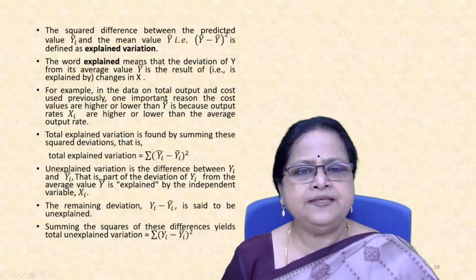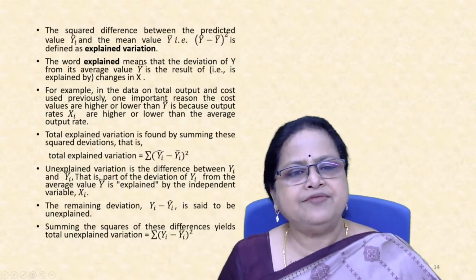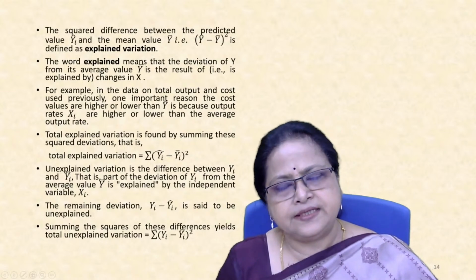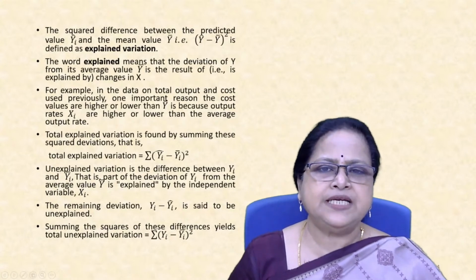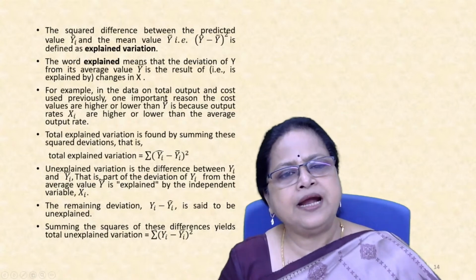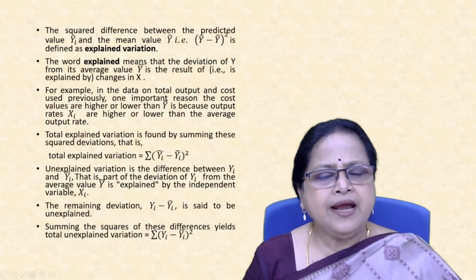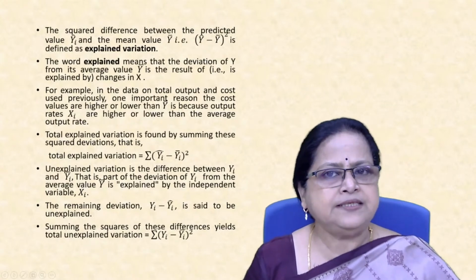The word explained means that the deviation of y from its average value y bar is the result of changes in x. So due to change in x, there is some change in y, that is the difference between y hat and y bar. So it can be explained that the y hat minus y bar change is possible because of changes in x.